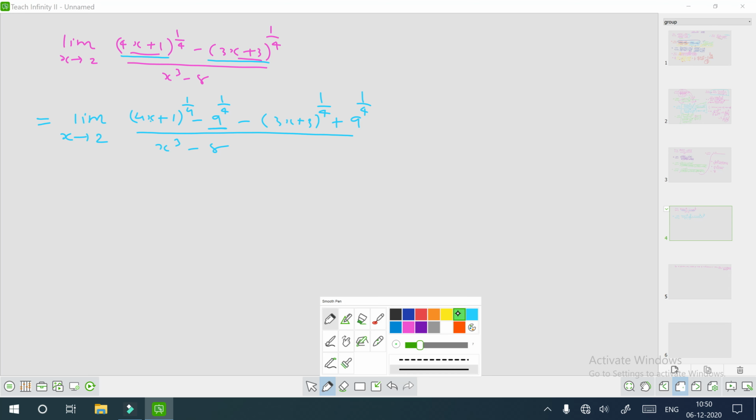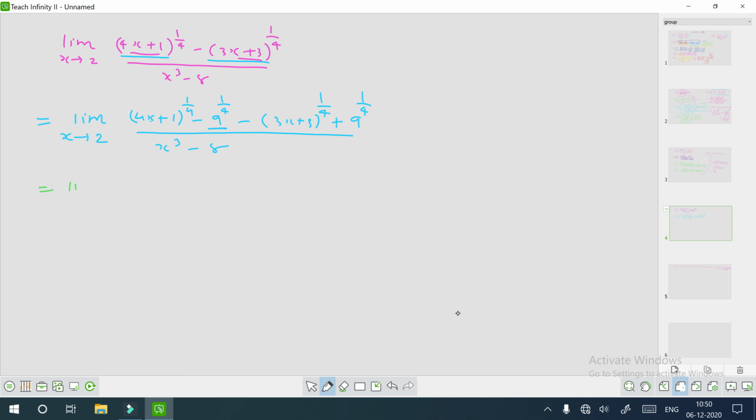In the next step, what do we have to arrange? Limit x tends to 2. 4x plus 1 is our variable raised to n minus constant raised to n. So multiply and divide by variable minus constant. So here also we have to multiply by 4x plus 1 minus 9.